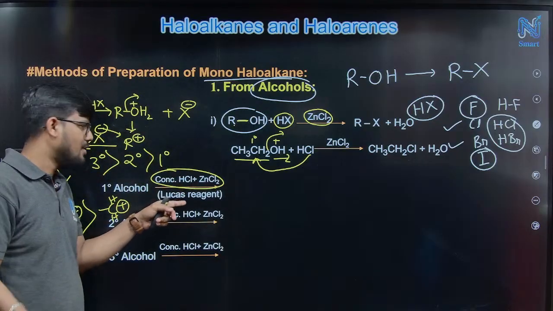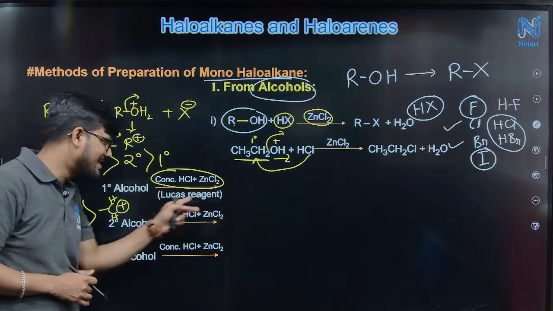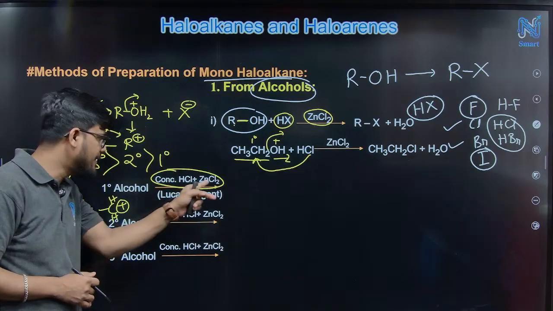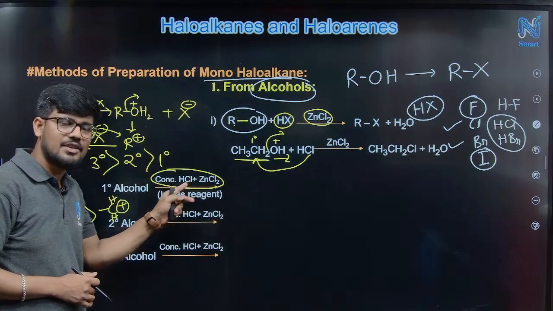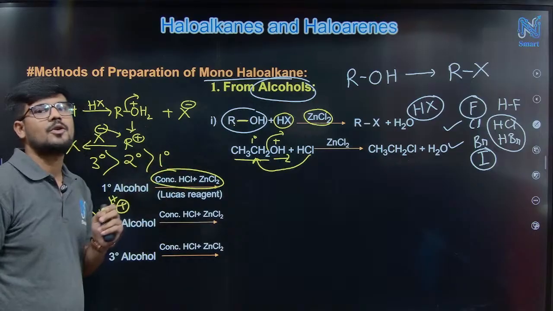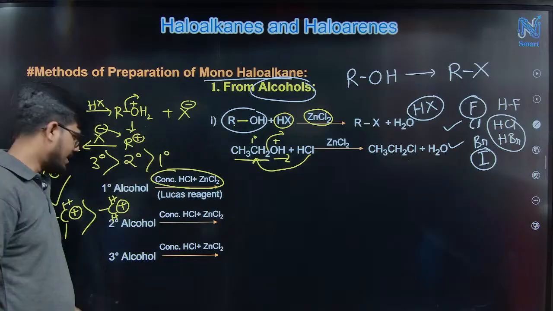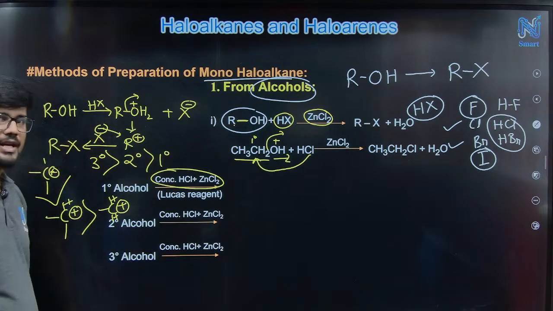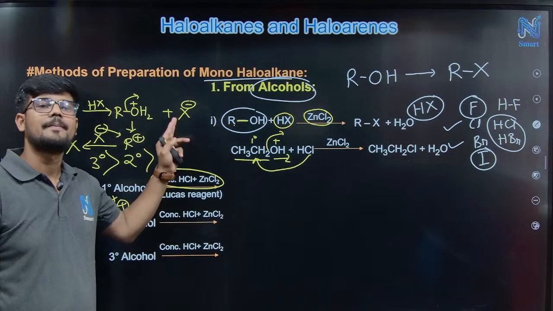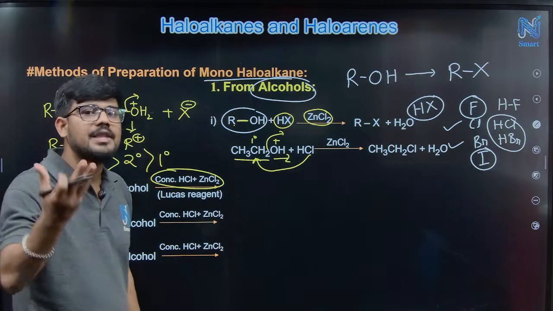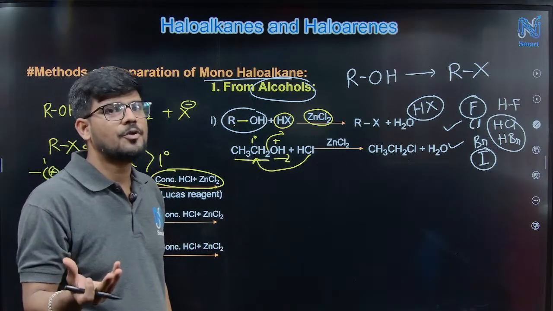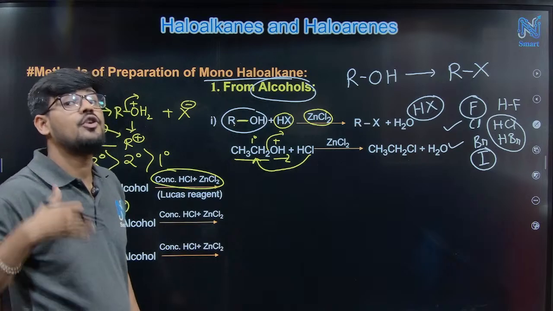In a question paper, maybe they will give the direct name Lucas reagent instead of concentrated HCl and ZnCl2, or they can directly give concentrated HCl and ZnCl2. So if we have 1 degree, 2 degree, and 3 degree alcohols, and we are adding Lucas reagent, what will be the product? Basically, what will be your observation.